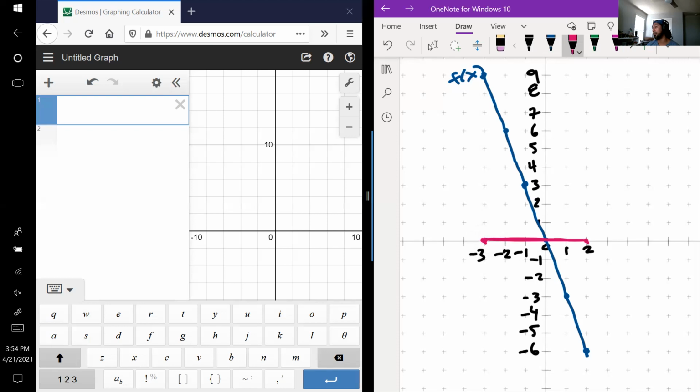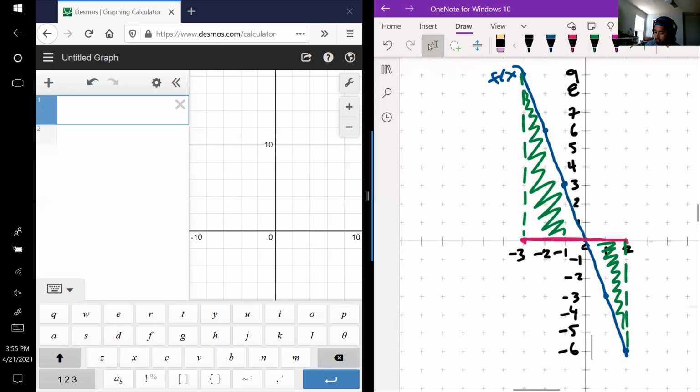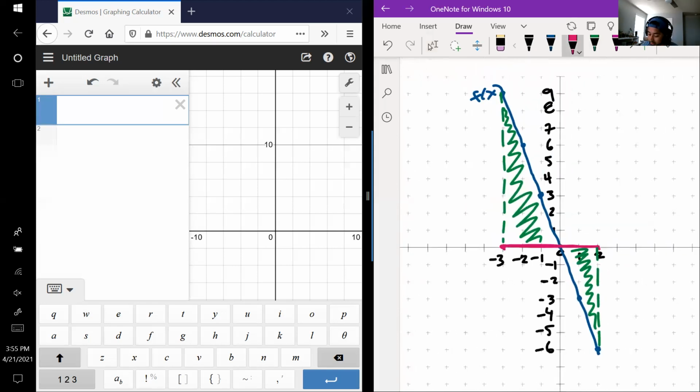Let's get our horizontal line. Okay, and now we are trying to find the area between these two functions. So we want to find all of this area and all of that area. Okay. Oh yeah, let me put that.